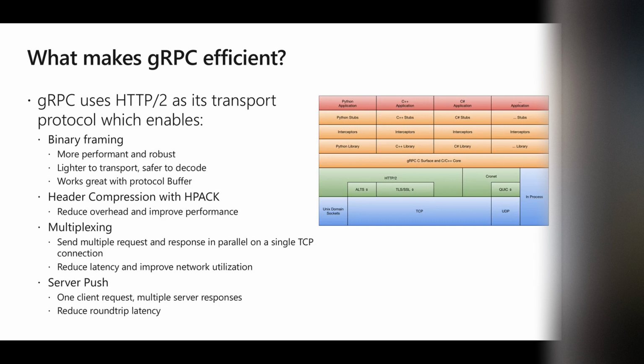It provides you compression, your speed is much better, and the other key thing, once again part of HTTP2, is multiplexing. So now you can send multiple requests and responses through the same channel, the same TCP connection.